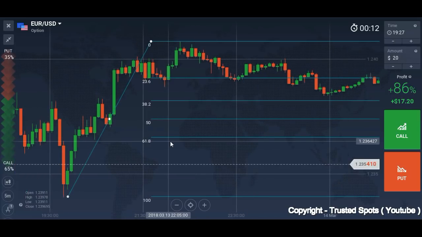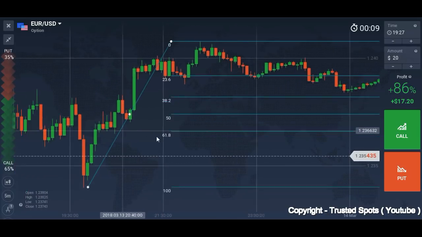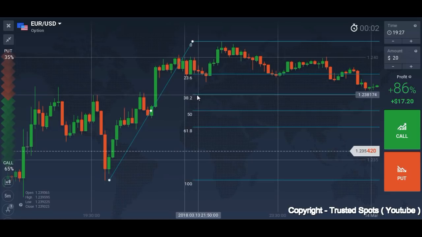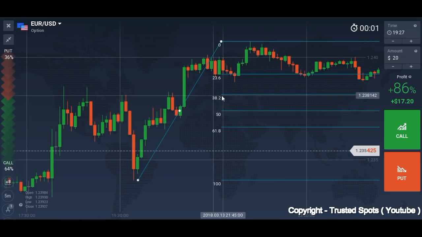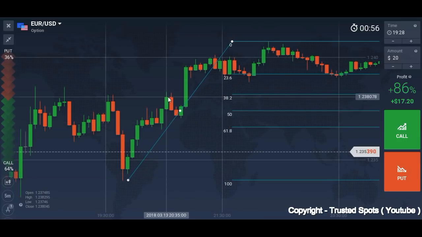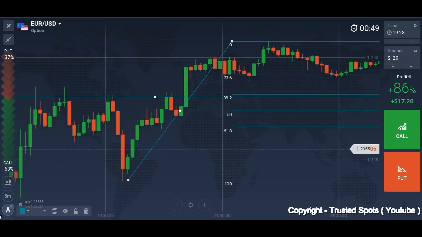So in order to make your level perfect, you have to find a level before, like you can see 38.2 is here, but it will not be the exact level of support. So you need to find out what is the nearest support or resistance here. If we look carefully, we can find it easily. Let me change the color.